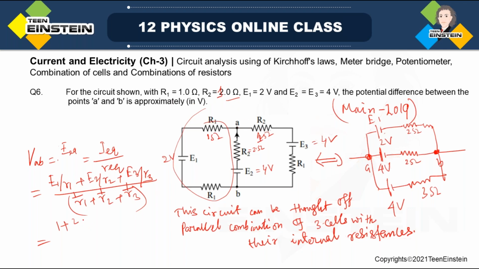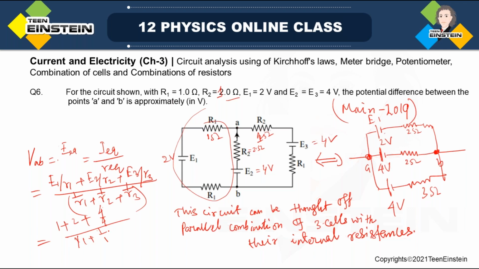So therefore this will be 4 by 4. 4 by 4 means 1, and here down 1 by R1 plus 1. R1 is actually 1 ohm.